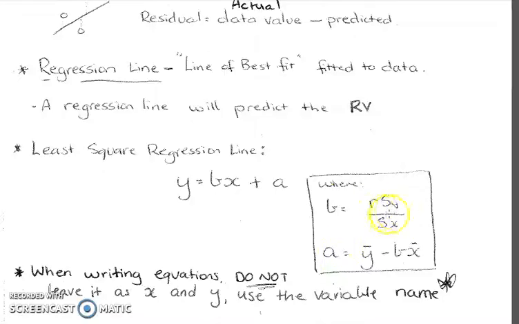If they're not given to you, you can find out these values using your calculator. The values with the lines on top are your means, the s values are your standard deviations, and that's your R value. So you can calculate this formula from this information. They will generally give you this information.